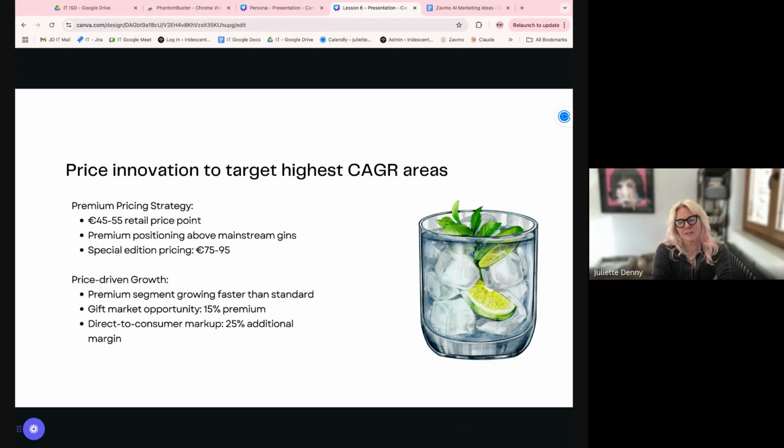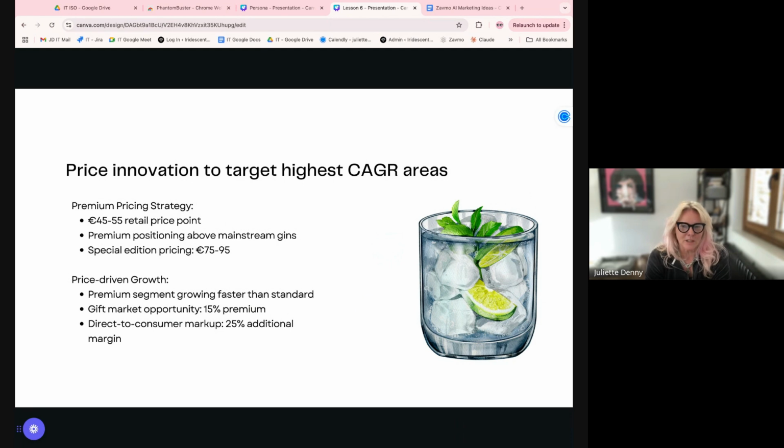So the premium pricing strategy overall in the market, and again, you can do all of this through ChatGPT or any AI that you're using, is between 45 and 55 euros.